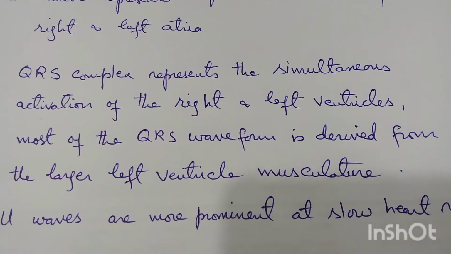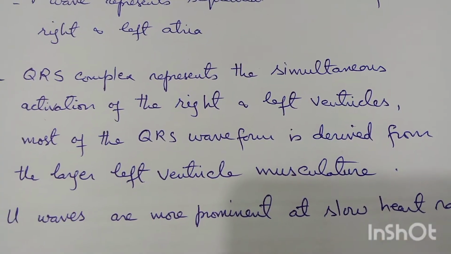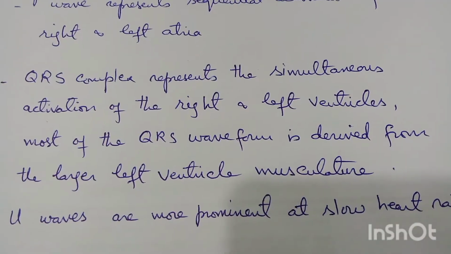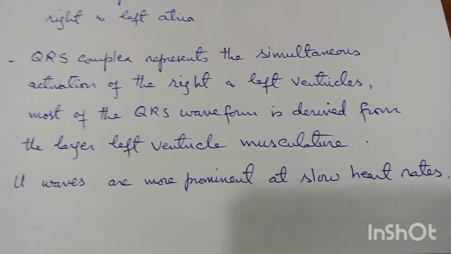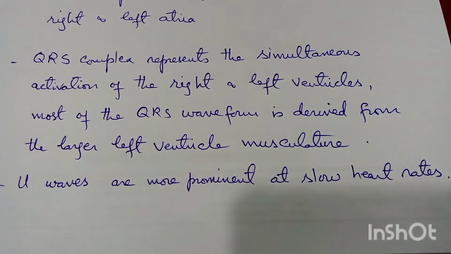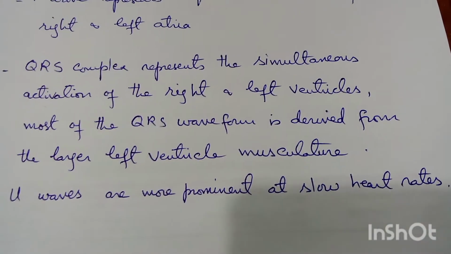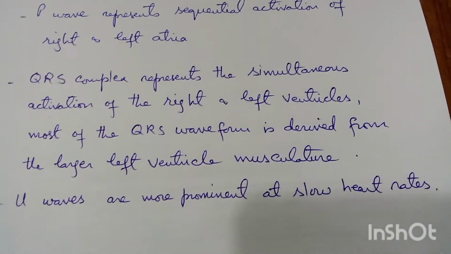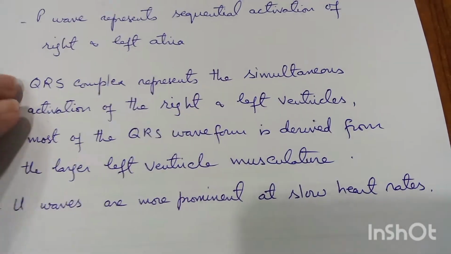But keep one thing in mind, that most part of QRS complex is because of musculature of left ventricle. Now there is another positive wave in the ECG which is not usually visible. This positive wave is called U wave. Students, U waves are more prominent in slow heart rate cases.